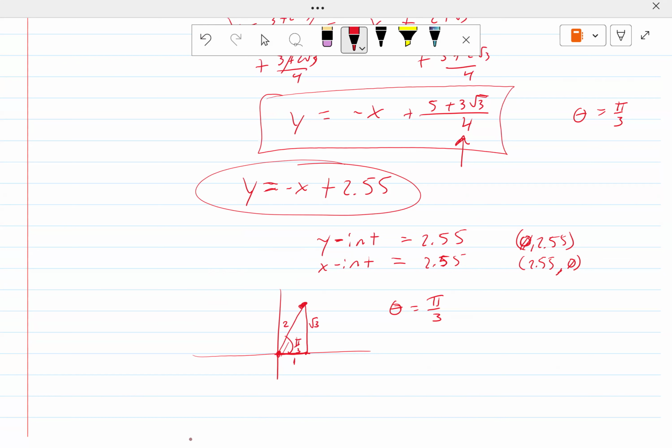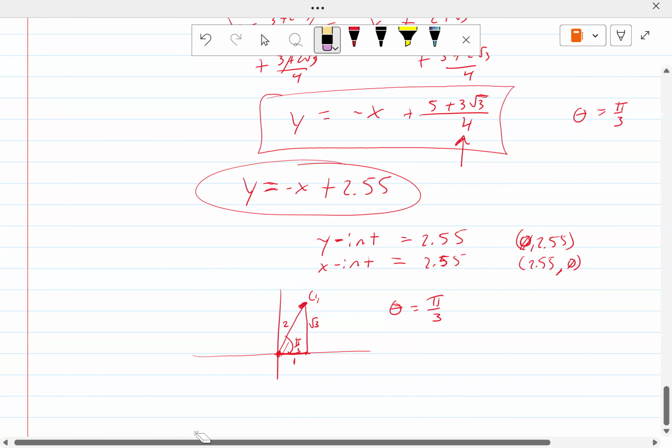So this point up here is going to be at (1, radical 3), and the point down here is at (0, 0).